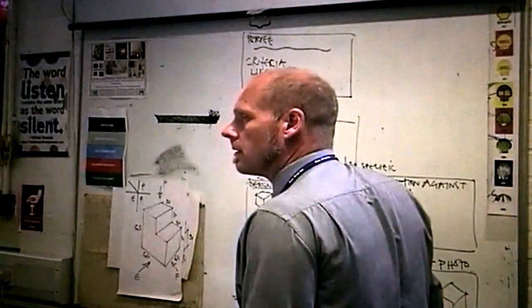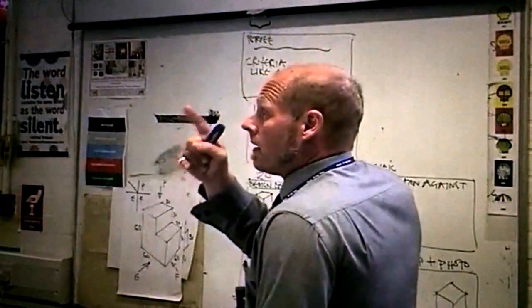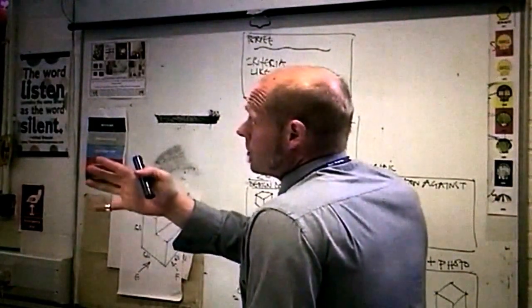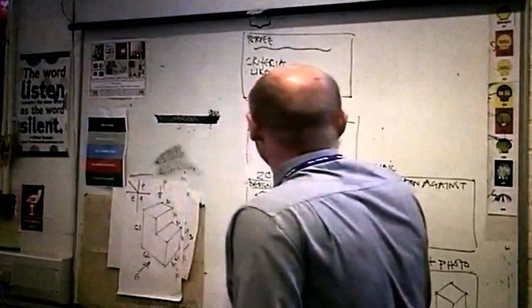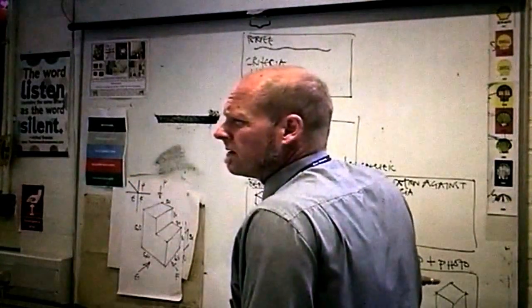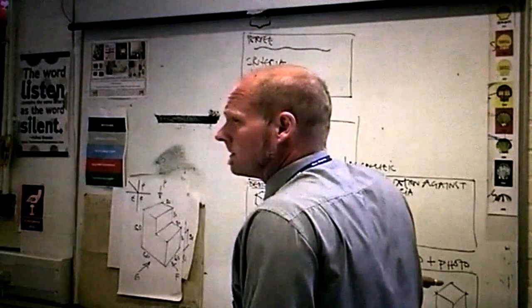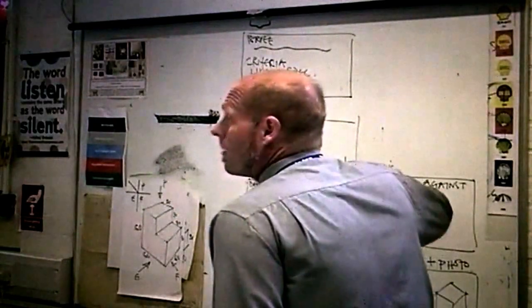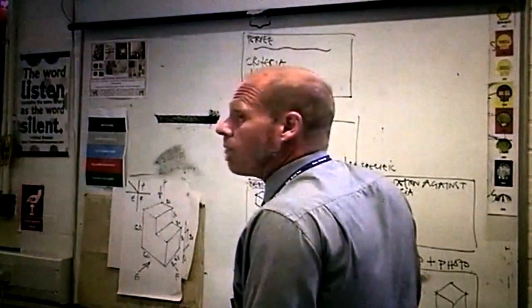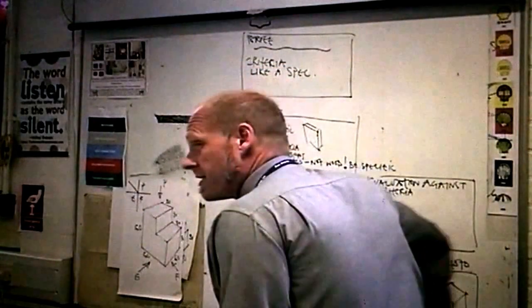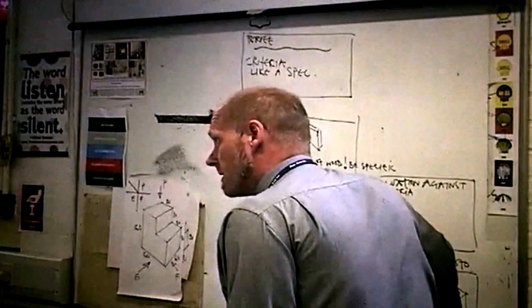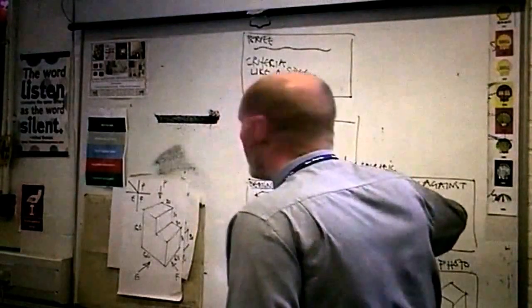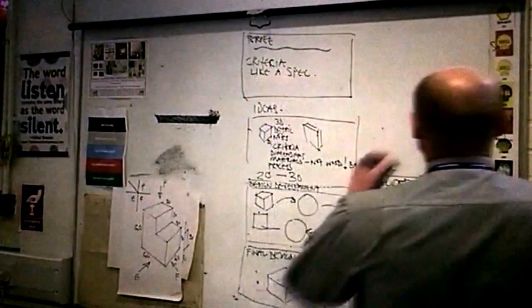No. If you're good at SolidWorks, by all means use that. SketchUp. Whatever 3D thing you can access, that's fine. But that doesn't give you your range. That's one piece of ICT.